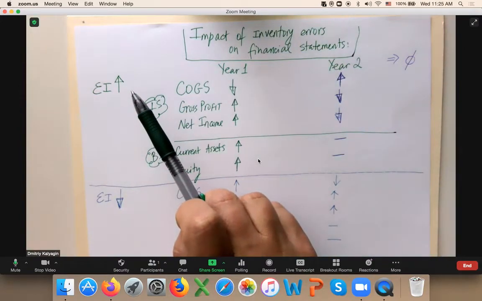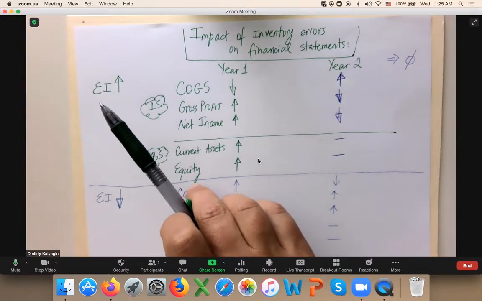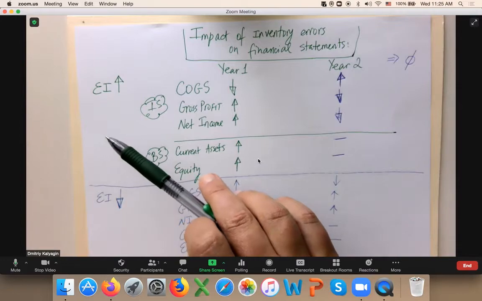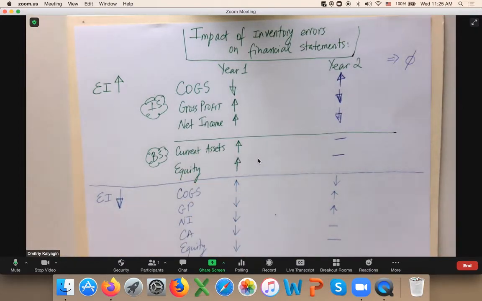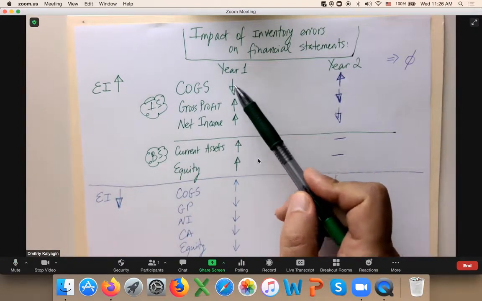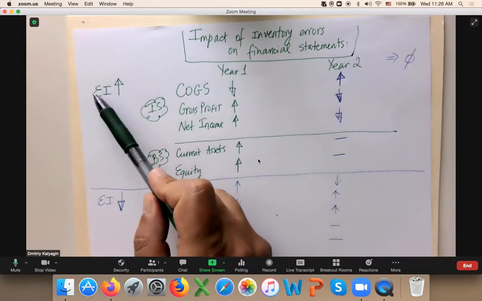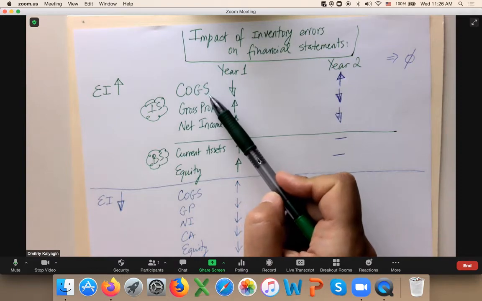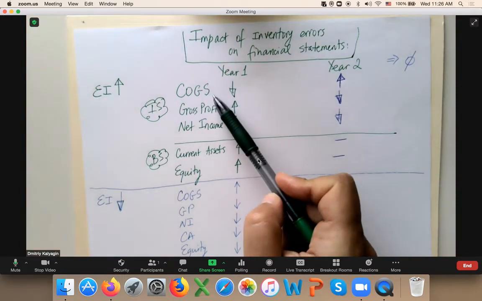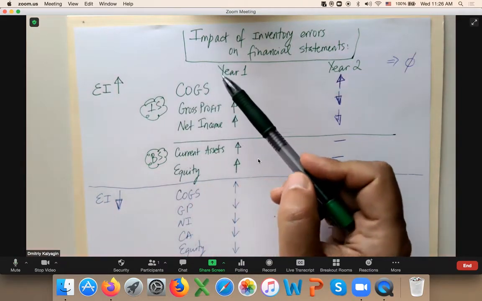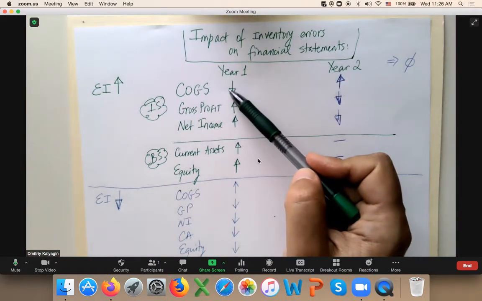So if you recall our inventory system, merchandise available for sale is divided into what's been sold plus what we have not sold. Ending inventory, which is on the balance sheet, and cost of the goods sold, which is on the income statement. So if I overstate ending inventory, I will understate cost of goods sold.